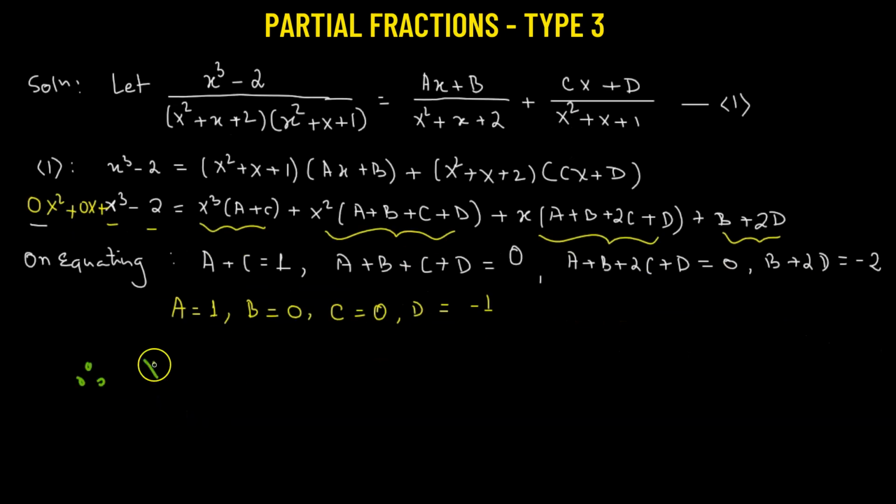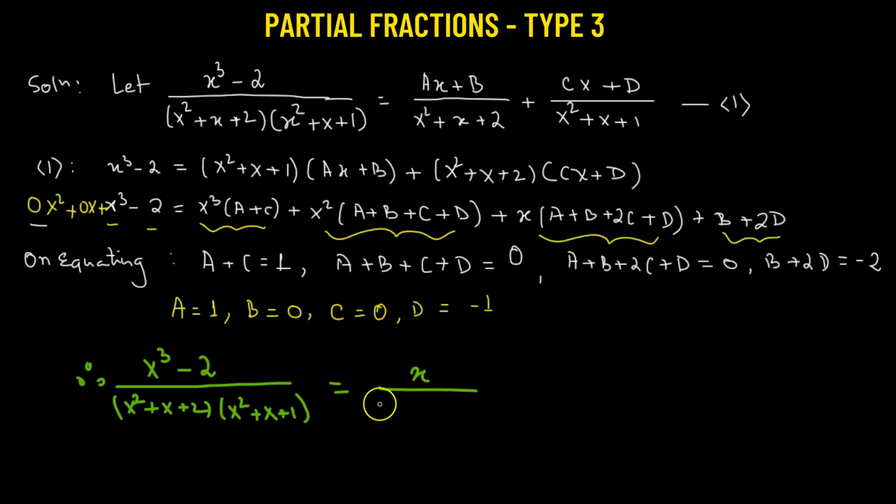So we have x cubed minus 2 whole divided by x squared plus x plus 2 multiplied by x squared plus x plus 1 equals, so we have ax plus b, a being 1 and b being 0, so we have x divided by x squared plus x plus 2.